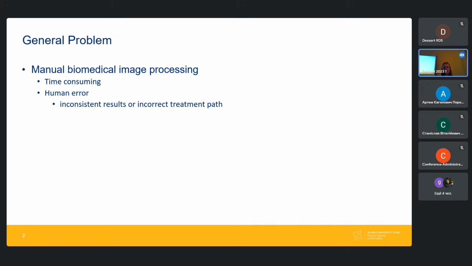This is truly time consuming and can rely heavily on human error or experience, let's say. This can result in inconsistent treatment paths or inconsistent results from different researchers in the laboratory.